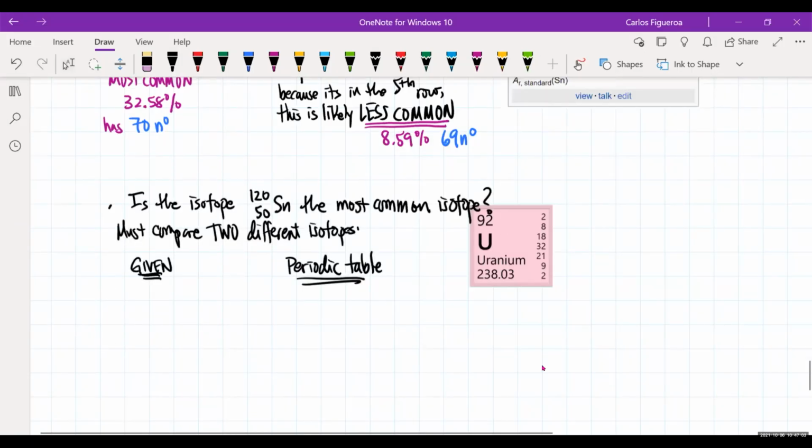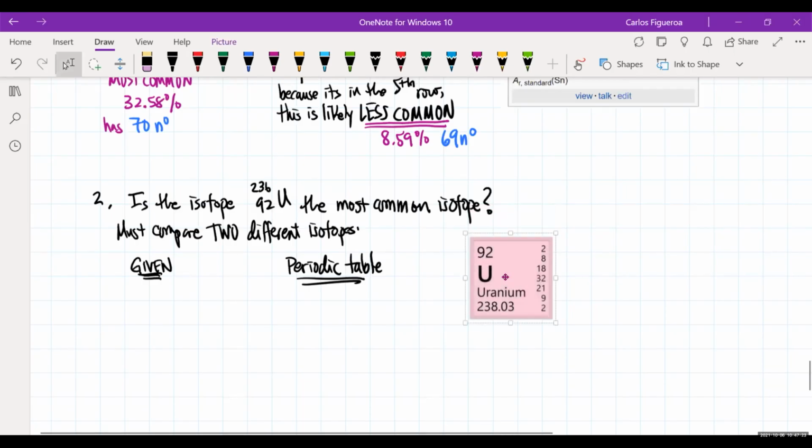In this case, the one that I'm going to look at is uranium-236. Which is the most common? Is 236 the most common one, or the one on the periodic table?